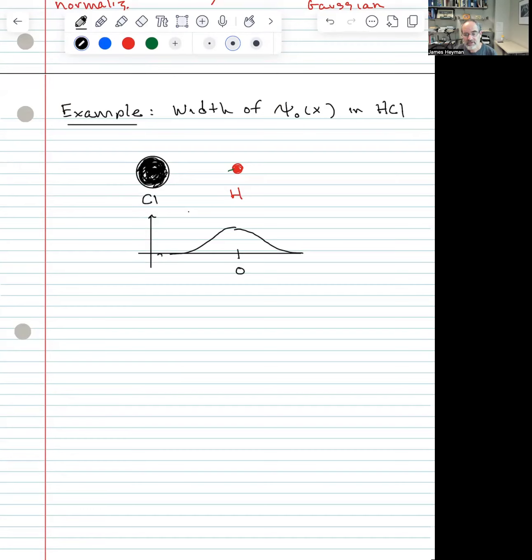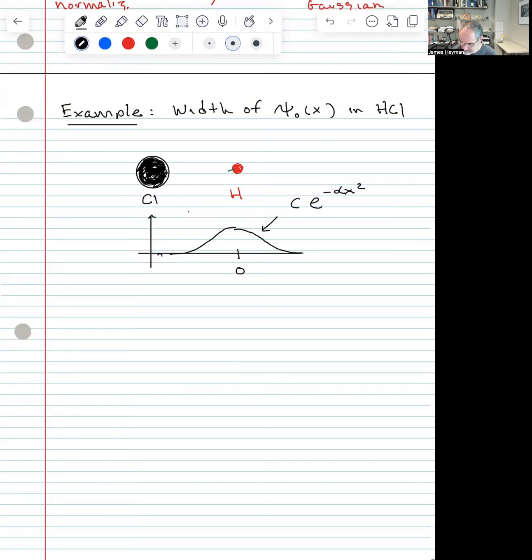Like so. So here, the wave function describes the amplitude as a function of separation between the hydrogen and the chlorine atom. Okay? If you like, the width of this is telling us the uncertainty in the position of the hydrogen atom.